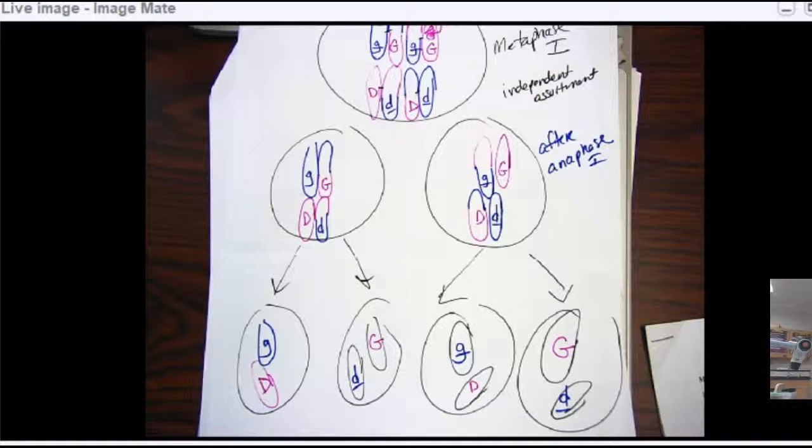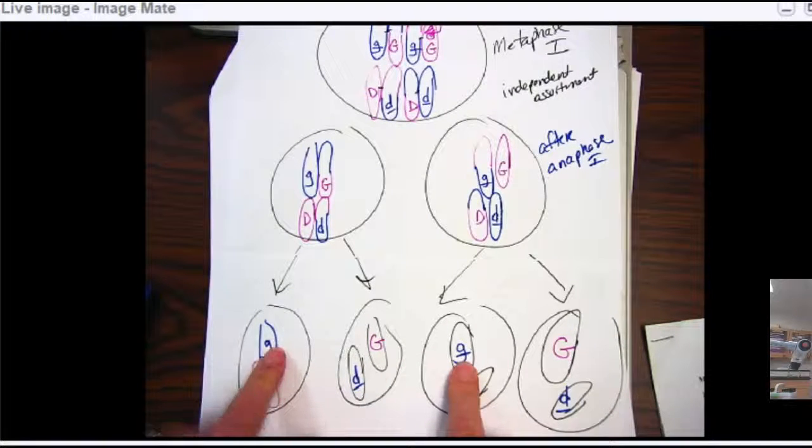Like I don't have any cell here that has both dominant, right? But someone else might, and that's okay. As long as you have chromosome 1 and chromosome 2 in each, and I have 2 dominant Ds, 2 recessive Ds, 2 dominant Gs, 2 recessive Gs, how they shuffle does not matter.